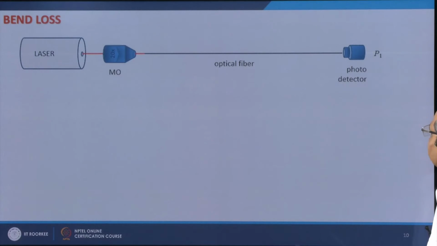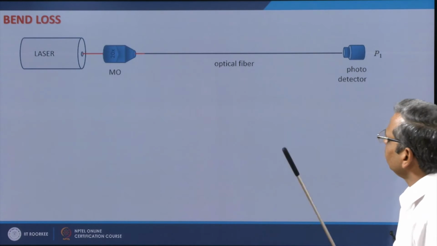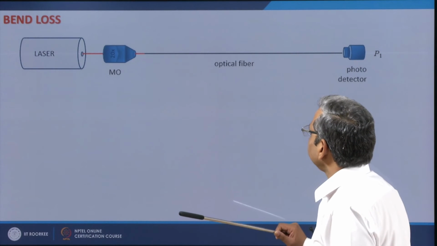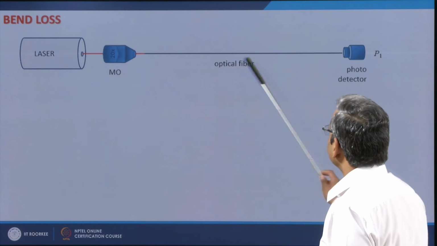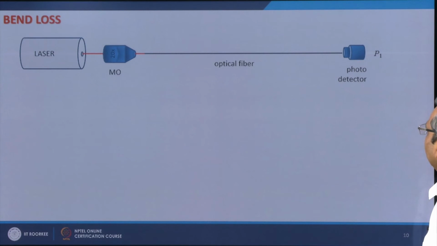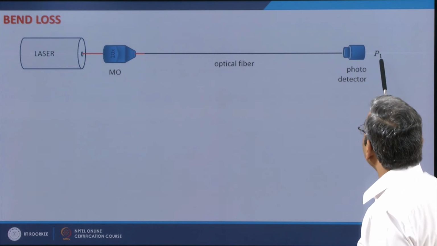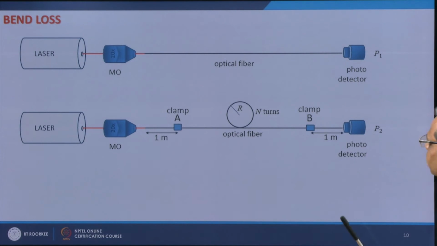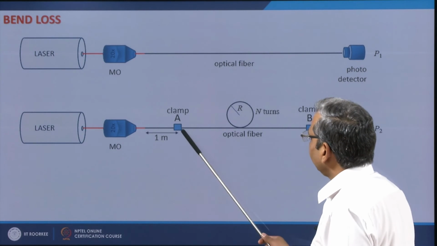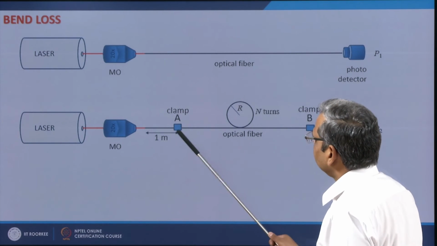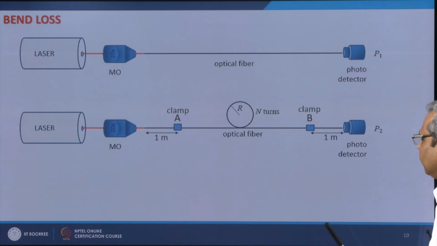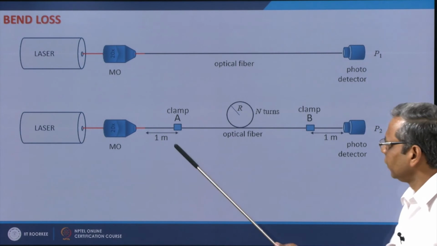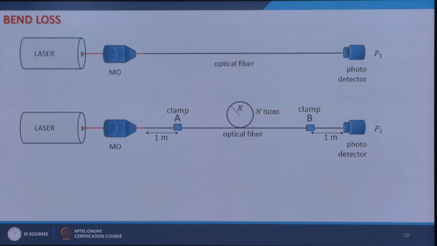For doing this, what you do, you take a fiber and keep it straight and measure the power P1, and then what you do, you identify 2 points near the input end and output end of the fiber, which are almost 1 meter away from these input and output ends, and clamp them here.